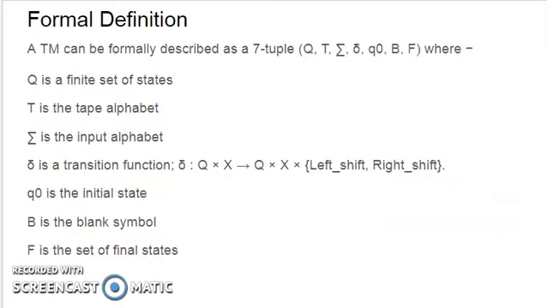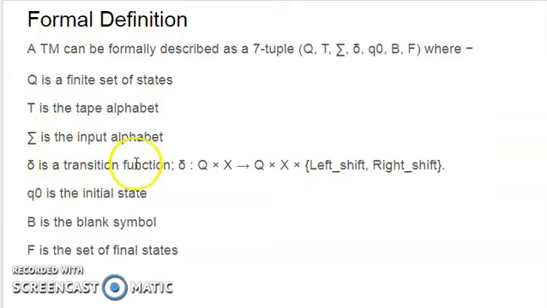So now we'll see the formal definition of Turing machine. Turing machine is formally described with 7 tuples: Q, T, summation, delta, Q0, B and F. You know Q, you know summation, you know Q0, you know F. So what is T? Since Turing machine has tape, whatever alphabet we use on the tape is T. So it also consists of summation as well as a few more alphabets which we use.